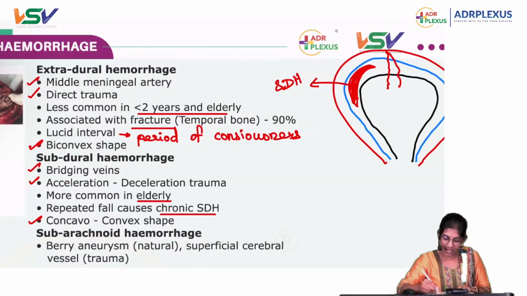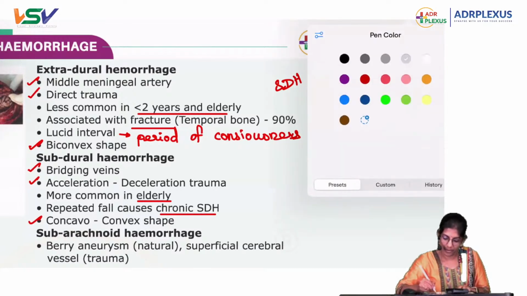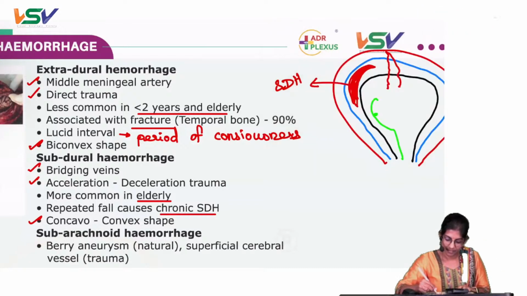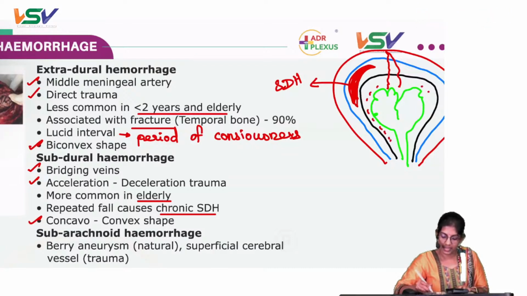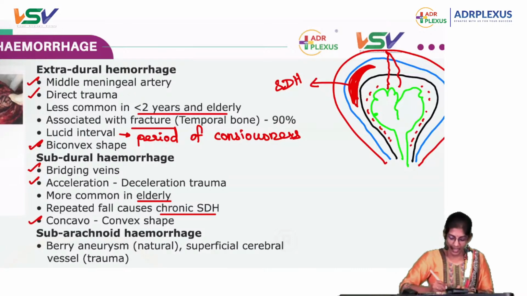Subarachnoid hemorrhage, which happens below over here, right? Because right now we would have our brain. Right? This is our brain. So over here, the subarachnoid hemorrhage happens and it tends to be diffuse, extending everywhere. Berry is a natural cause of it, most common.